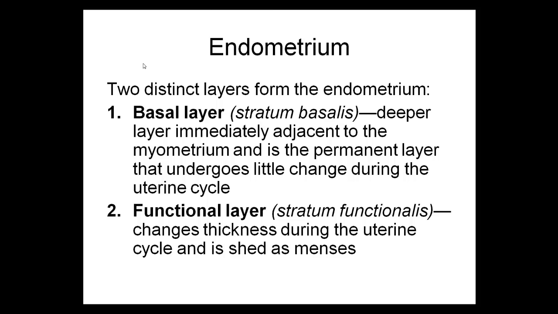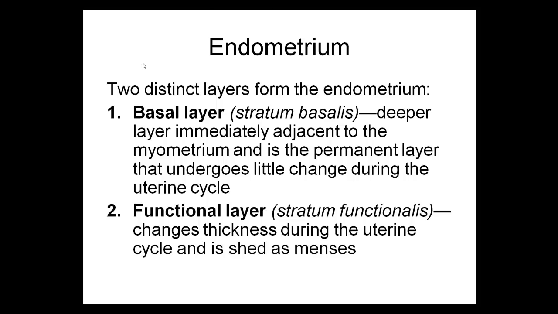In your book it's mentioned as stratum basalis and stratum functionalis. In the other book I was reading it is stratum basal and stratum functional. Either way, it's fine. So we have the basal layer of the endometrium that's capable of renewing the endometrium, and then we have the functional layer that keeps multiplying and getting thicker and bigger and moving from the proliferative phase into the secretory phase.